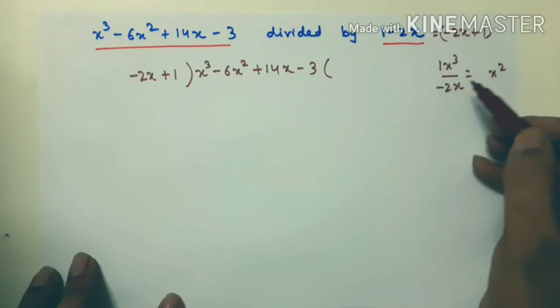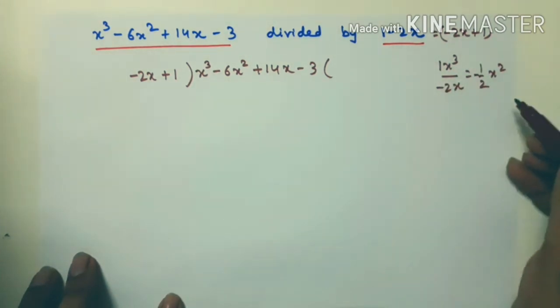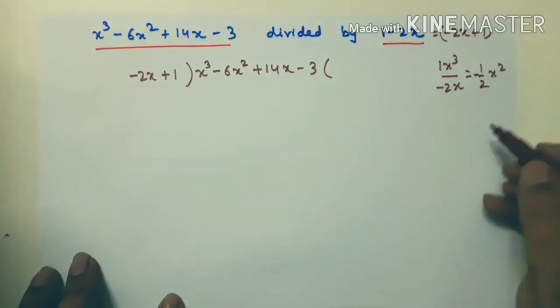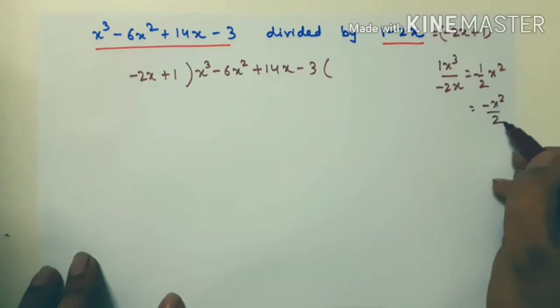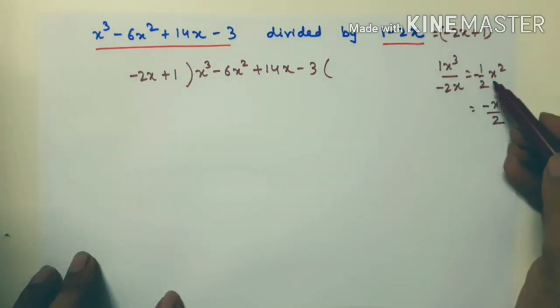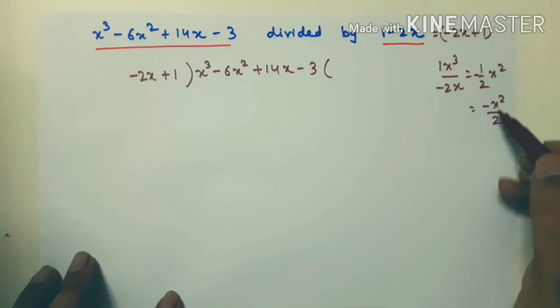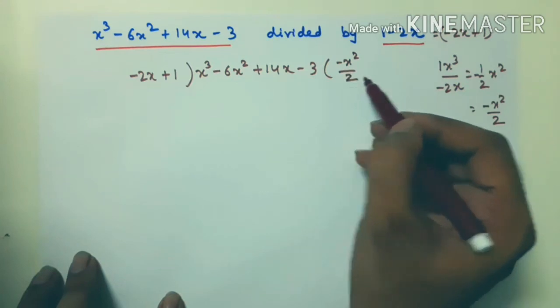So 1 by minus 2, that is 1 by 2, and we have minus. That means minus x squared by 2. You can see here that is minus half x squared. So here we will put minus x squared by 2.